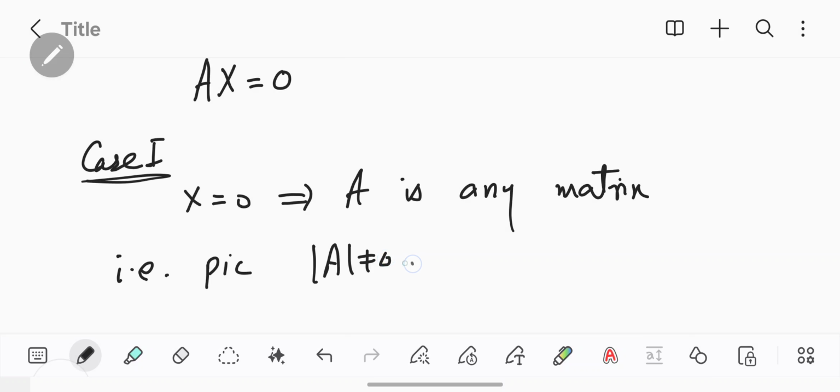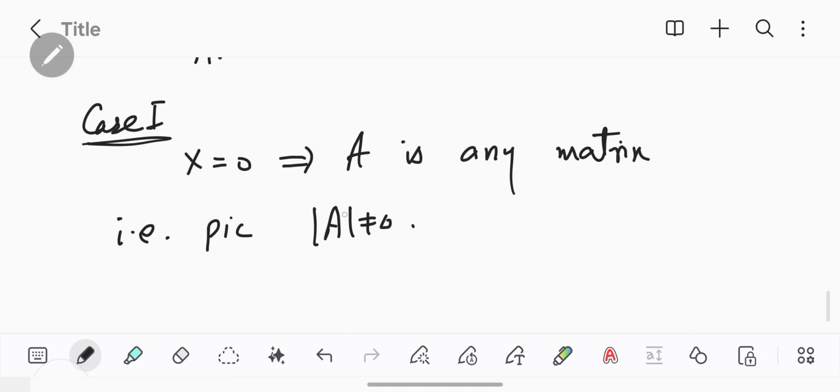So if the determinant of A is not equal to 0, then as in the previous examples using Cramer's rule, we proved that if the determinant of A was not 0, we have a unique solution.